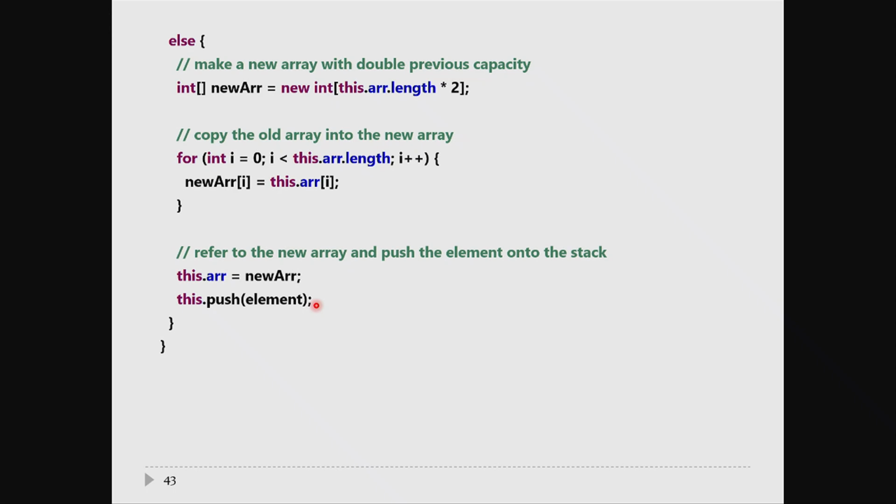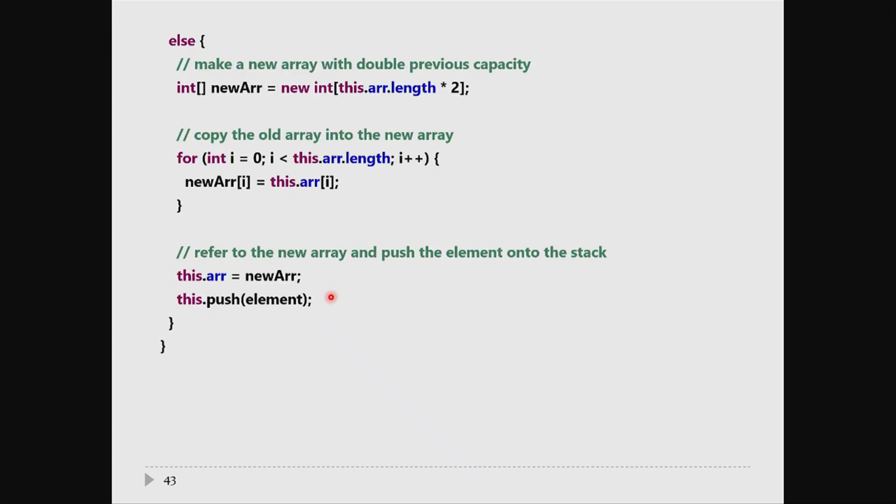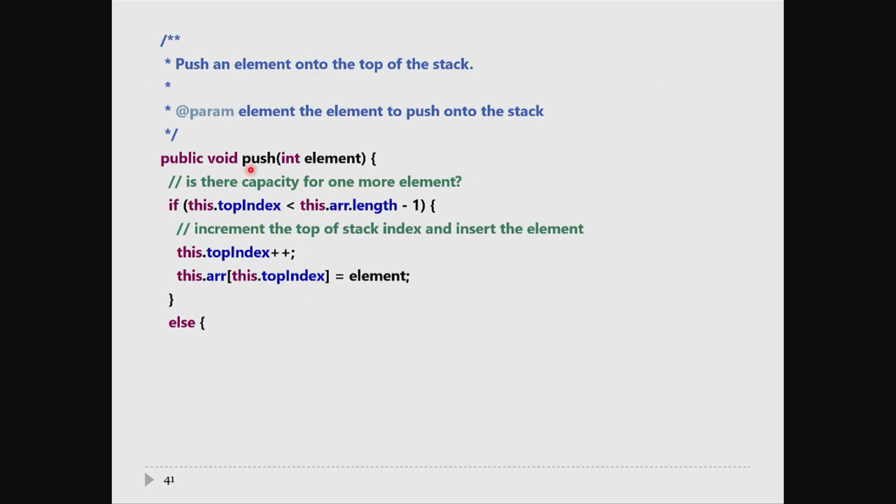So if you wanted to, you could rewrite all of the push code. I could rewrite these 2 lines. But it's easier just to recursively call push, because that's what this is doing. This is a funny push method. It's actually recursive. So normally, when there's capacity in the stack, it just does something and it's done.